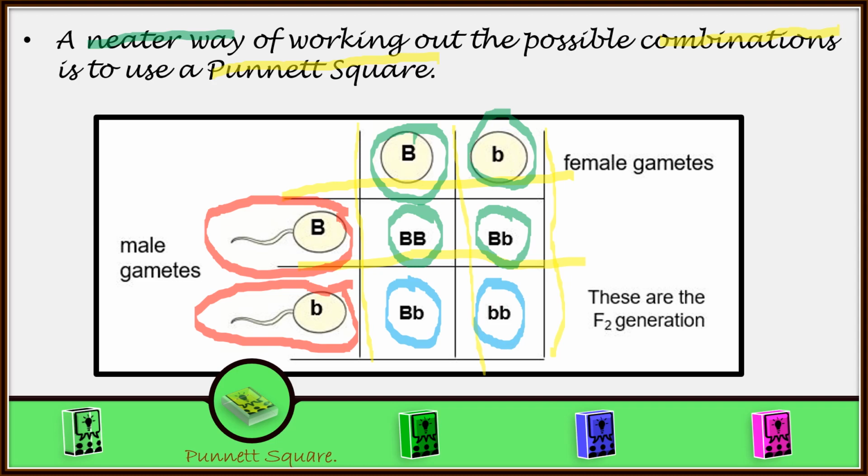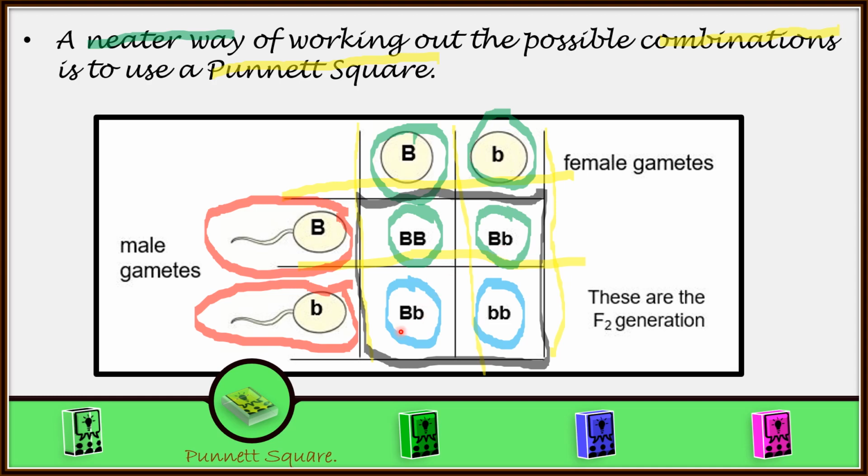These are our offspring that we have formed. These ones under black are our offspring. There is an offspring with capital B, capital B. This one is going to have a black coat. We have another offspring, capital B, small b, which is going to have a black coat.